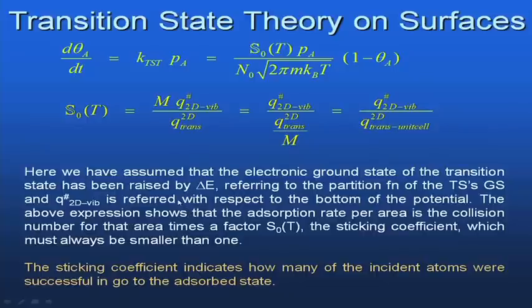So, what do we get? We get d theta a dt, that is rate of reaction, which is equal to KTST into Pa, and you write the respective expression for KTST from the previous slide, that S0 T P divided by N0 twice pi m kBT into 1 minus theta a, okay, where S0 T is given this expression, okay, q double dagger 2D vibration divided by q translation of the unit cell in 2 dimension, because it is a 2-dimensional case, therefore, your unit cell will be a 2-dimensional one, because it is on a surface, okay.